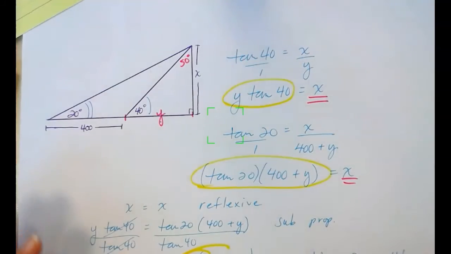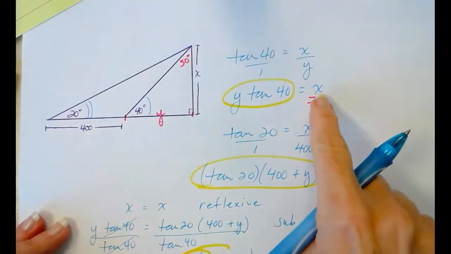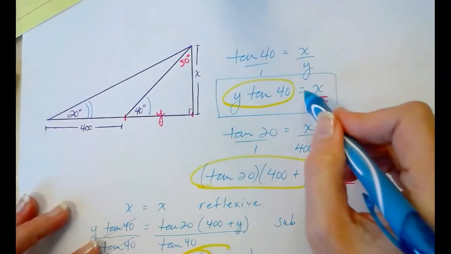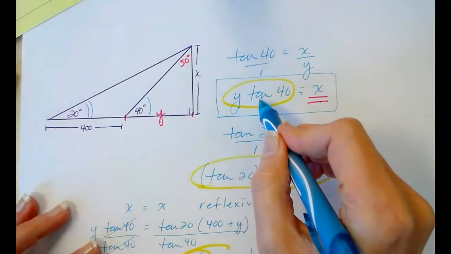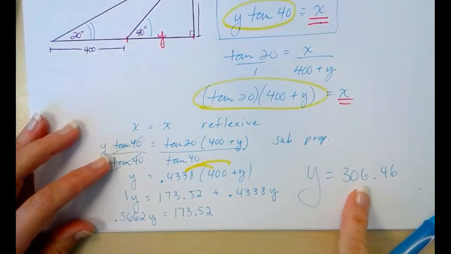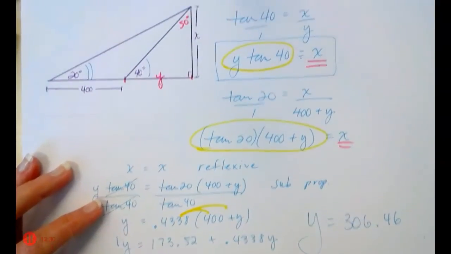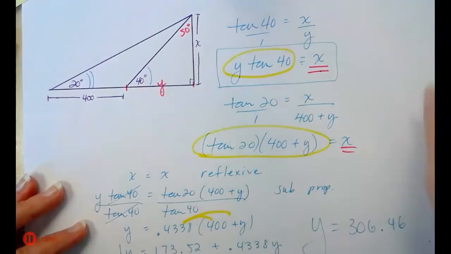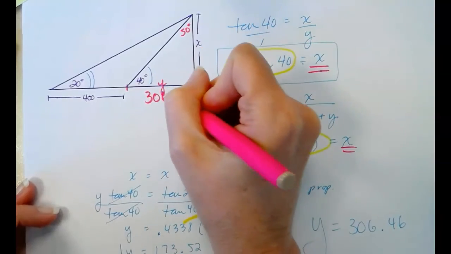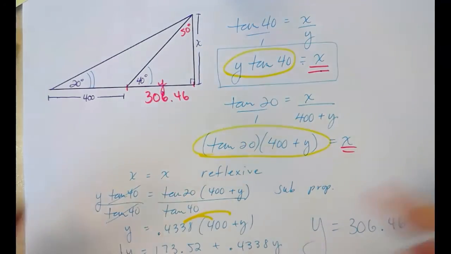Now, we're not done because we still need to find x. But remember, x equals y times tangent of 40. And our y value is 306.46. So let me just go ahead and write that in right here, 306.46. So there's our y value.